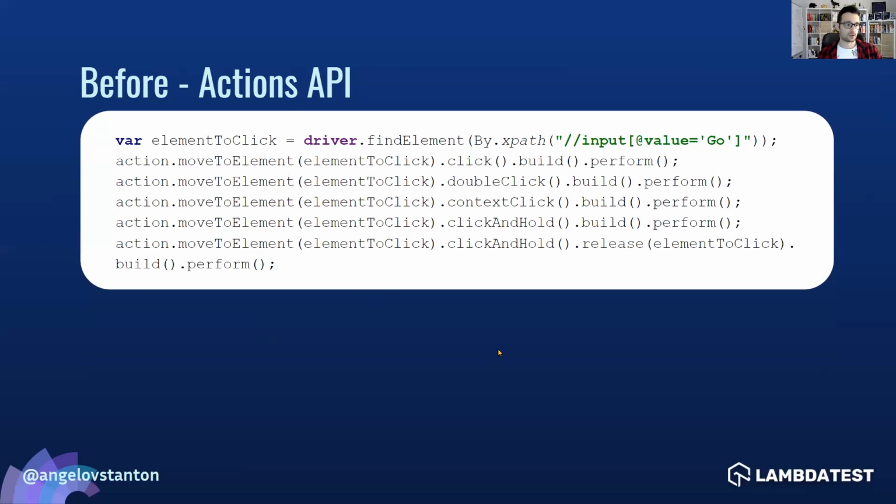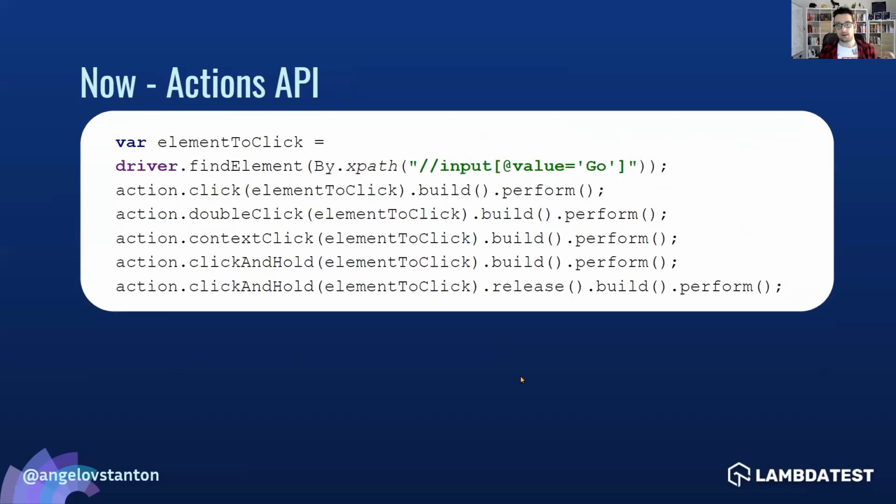As I said, the actions API uses a fluent design, meaning chaining methods, which is another way of designing your library instead of having multiple calls. And the new way is that in Selenium 4, several new methods have been added to the actions class. As you can see, now we have these overloads for click, double click, and context click, where we pass the element to be clicked.